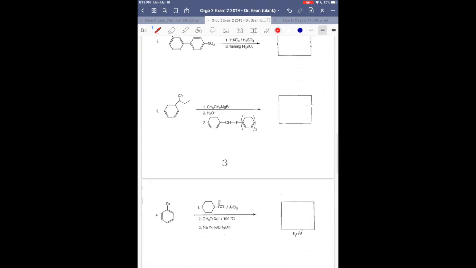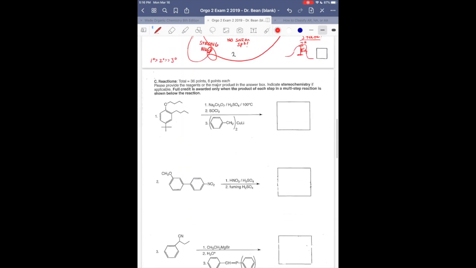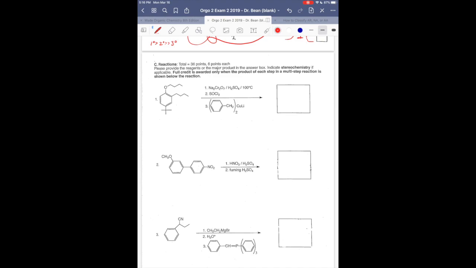All right, so let's do reactions here. It wants us to provide the major product and indicate the stereochemistry, if applicable. Full credit is awarded only when the product of each step in a multi-step reaction is shown below the reaction.